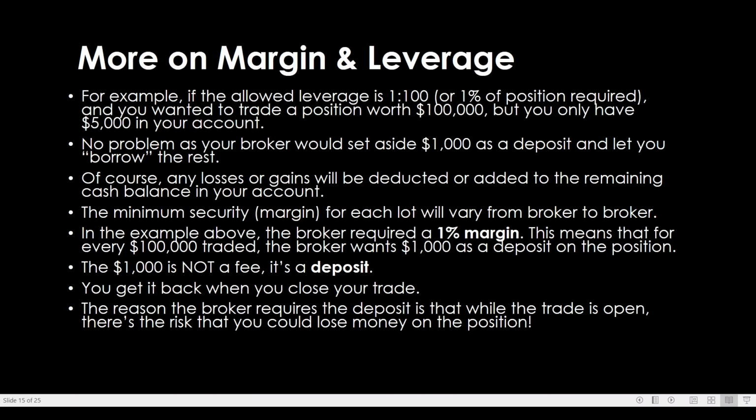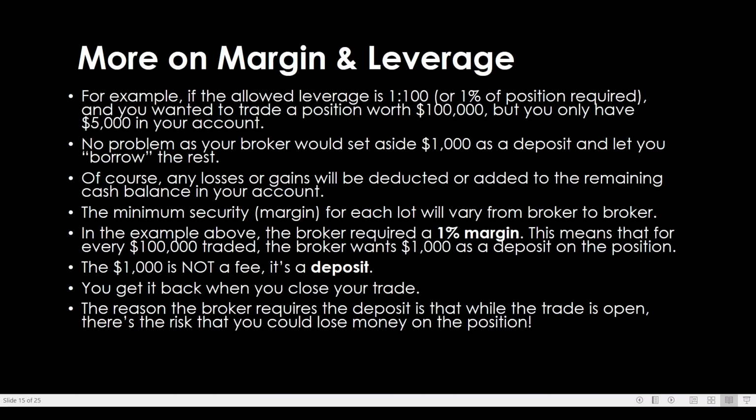Now, for example, if the allowed leverage that a broker gives you is 1:100, in brackets, 1% of position required, and you wanted to trade a position worth 100,000, but you only have 5,000 in your account, your broker would then say, no problem, brother.